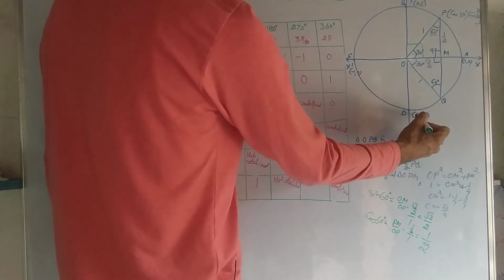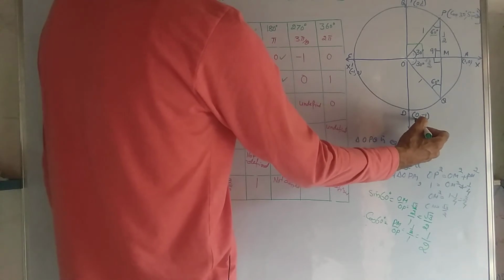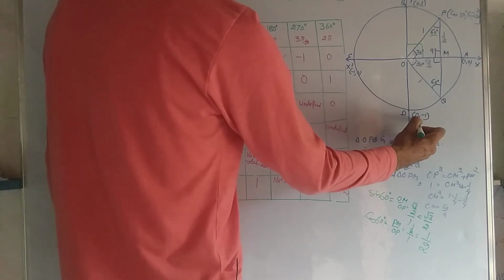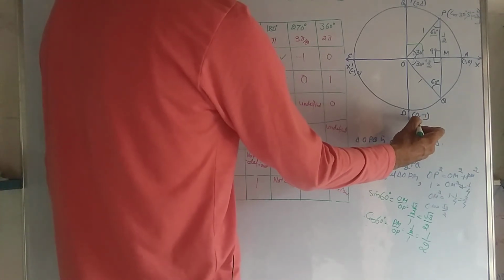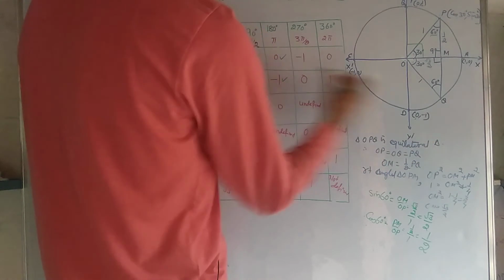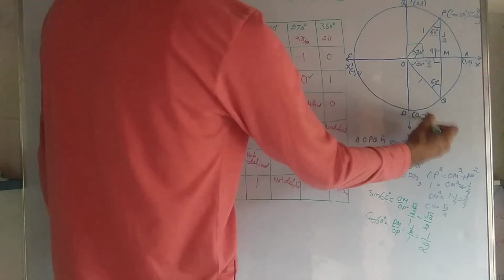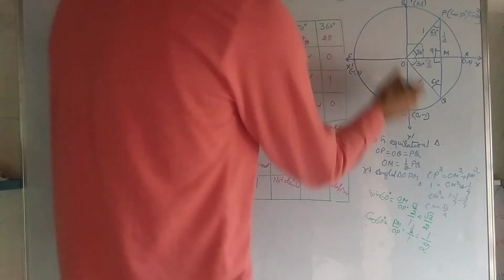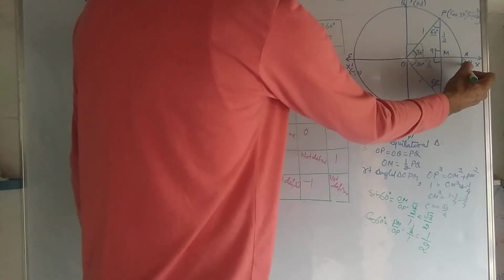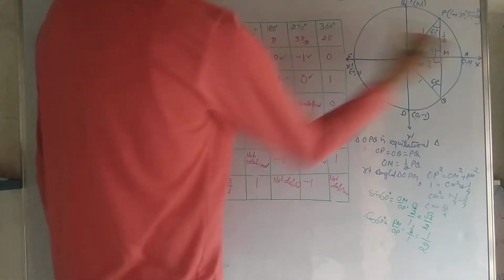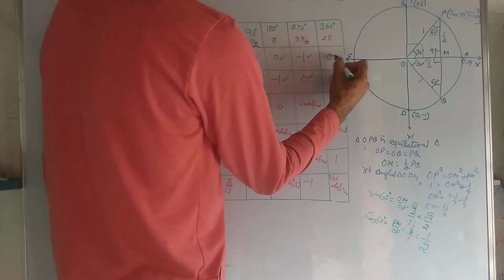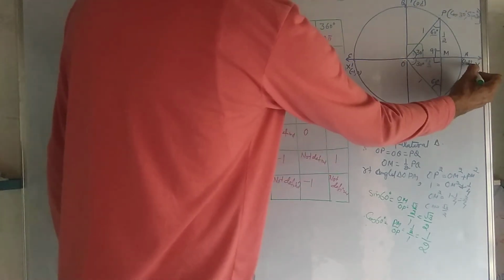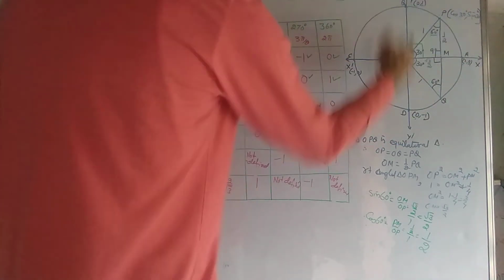At 270 degree or 3 pi by 2, cos 3 pi by 2 is 0 and sine 3 pi by 2 is -1. Then a complete revolution, 360 degree, cos 360 degree is 1 and sine is 0 in the unit circle.